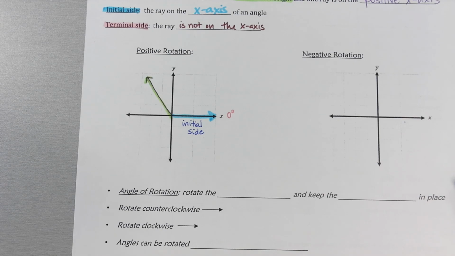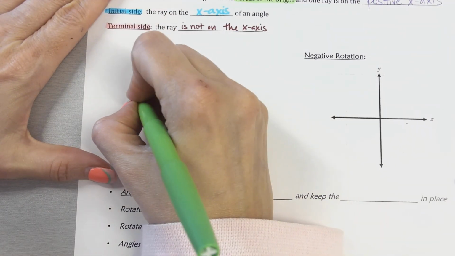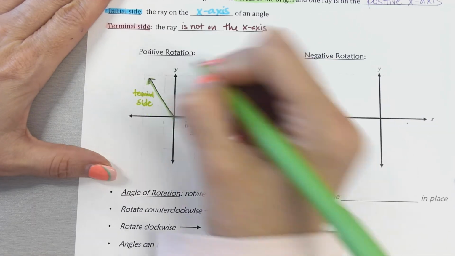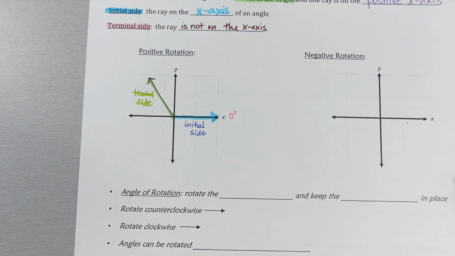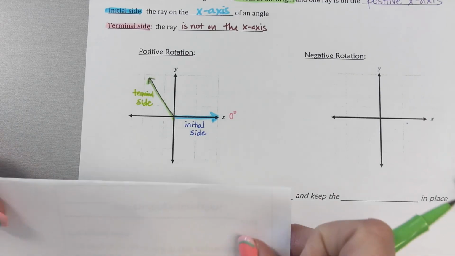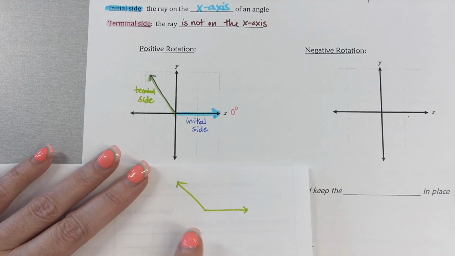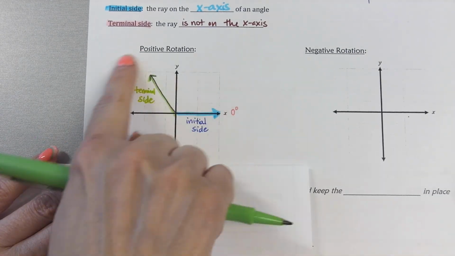Okay, and then this is the terminal side. Okay, so back in the good old days when you were in geometry and you were looking at angles, right? You might just have had an angle that looked like this. Now we're putting those angles on the grid.